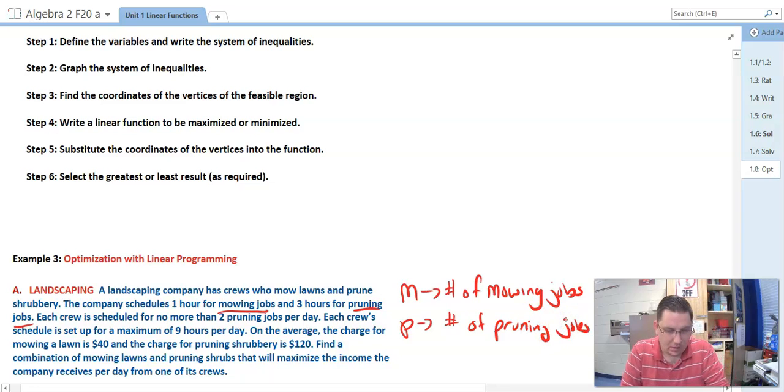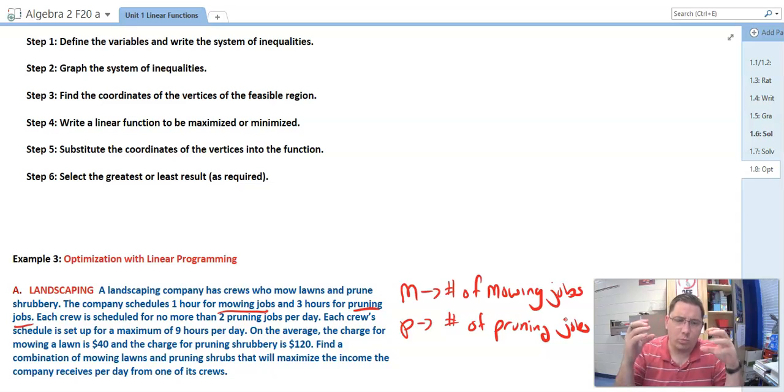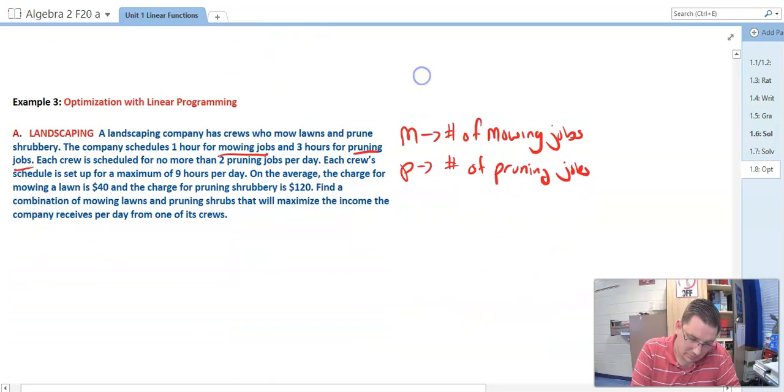Now, we need to write the system, and we need to understand what information is going to come out of here. And so what are we trying to do here? We've got time involved and we've got cost involved. And so the cost is what we're trying to maximize. So that's going to be our function in the end. And so that'll be the function that we build. So what we're trying to deal with is how many mowing jobs and how many pruning jobs I can deal with. And so let's look at what those will be as we write this system.